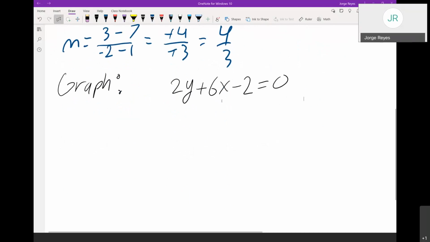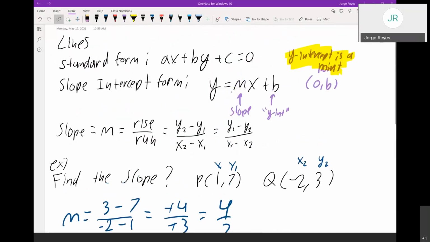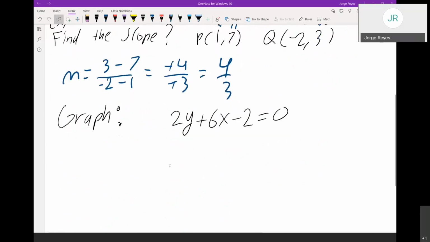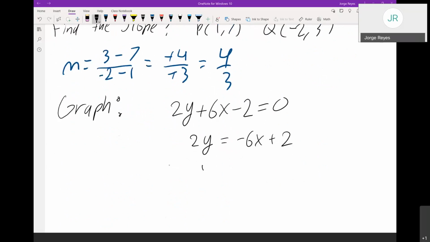The first step: right now it's in standard form. We would want it to be in slope-intercept form, so I'm going to solve for y. I'm going to move the 6x and the 2 over. Then I'm going to divide everything by 2.